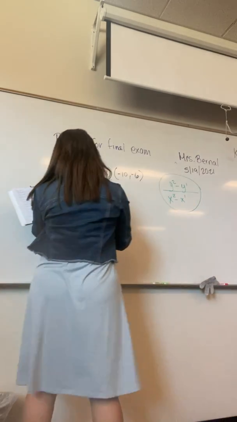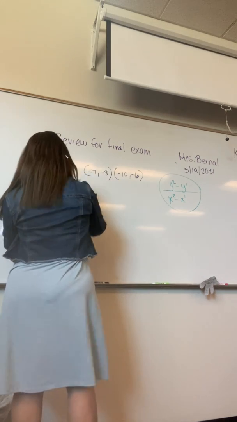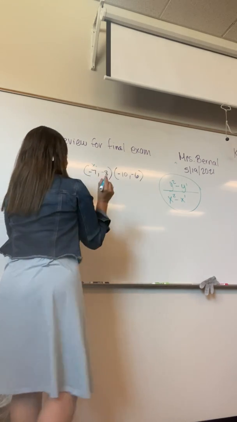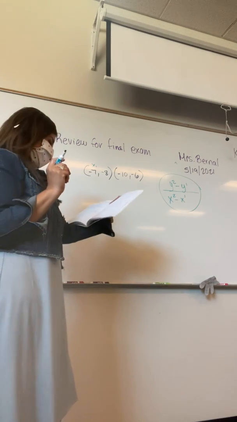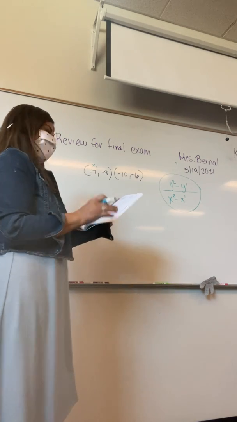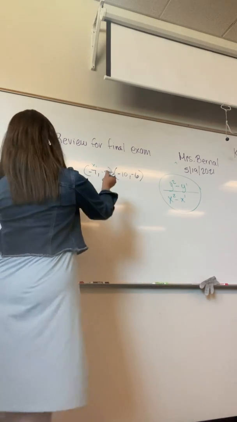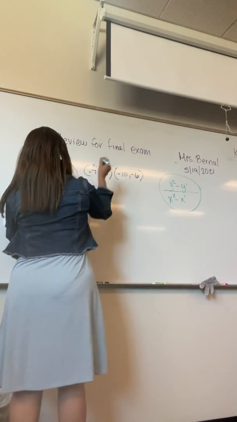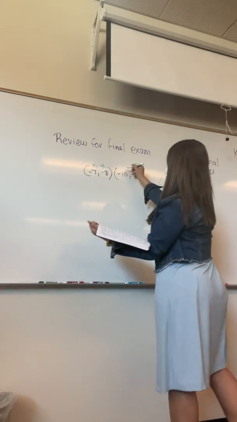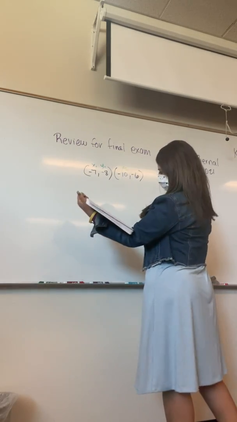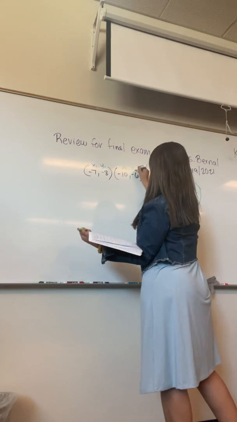So the -7 is what? x1, right? The -8, what is it, if we're trying to label them? Y1. And the -10 is x2, and the -6 is y2, okay?